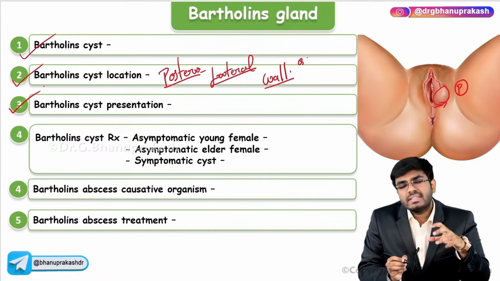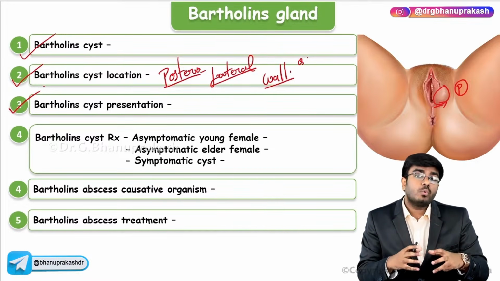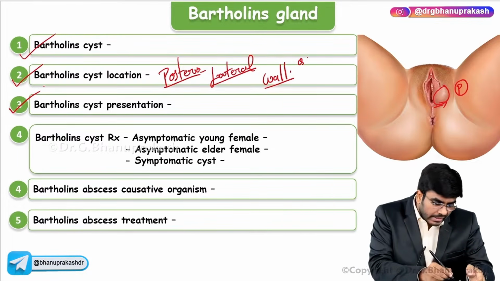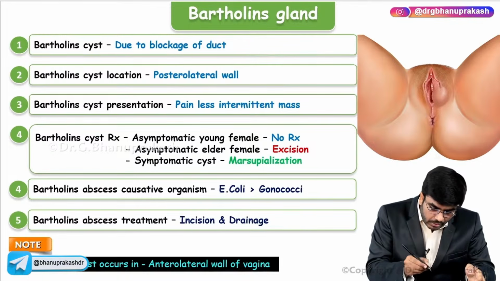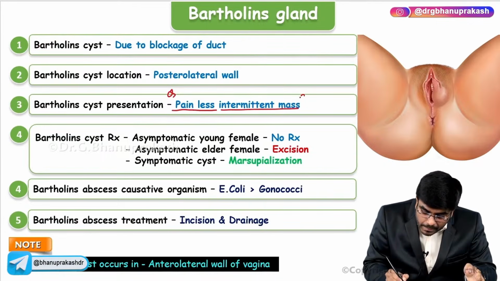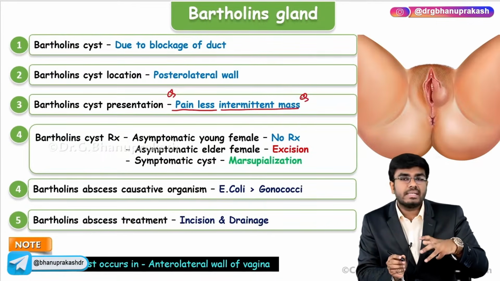Now, Bartholin cyst presentation. If a female has this Bartholin cyst, how is she going to present? What are the clinical features? Is she going to have any features or not? It is painless. This is very important: it's a painless intermittent mass. Why am I saying painless intermittent mass?